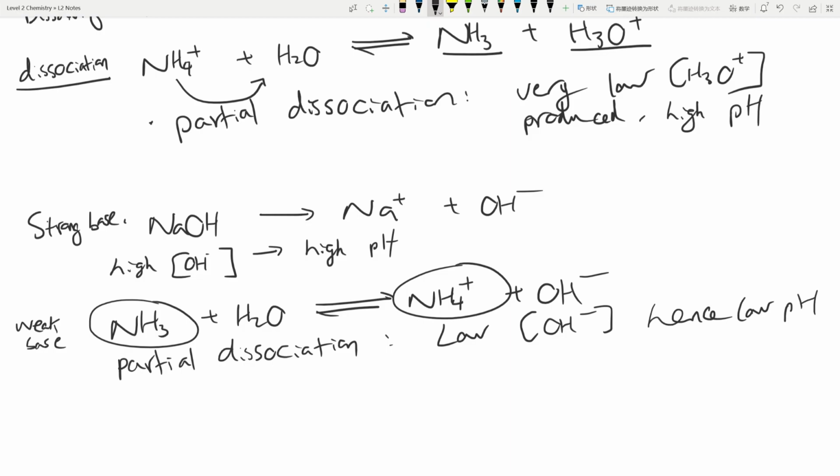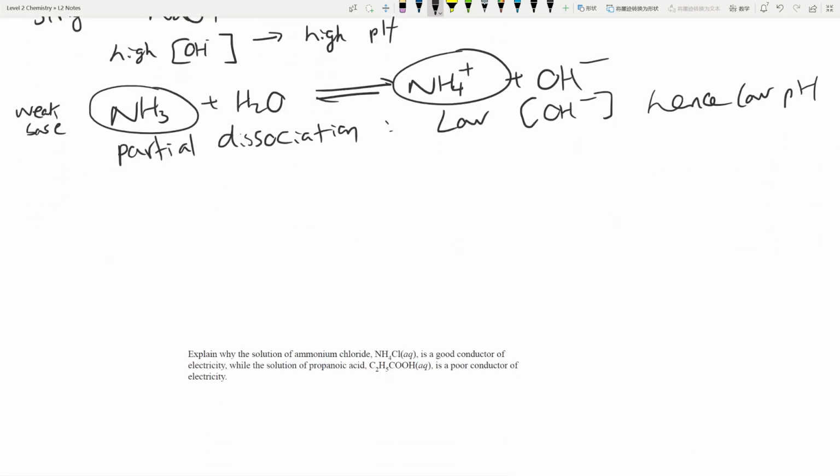Okay, now if I pick a salt solution, before we do the last question, if I have CH3COONa, so this is a salt solution.